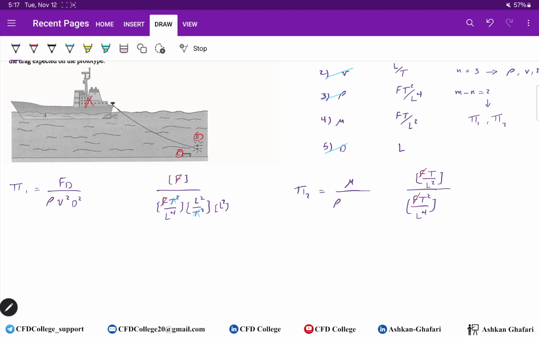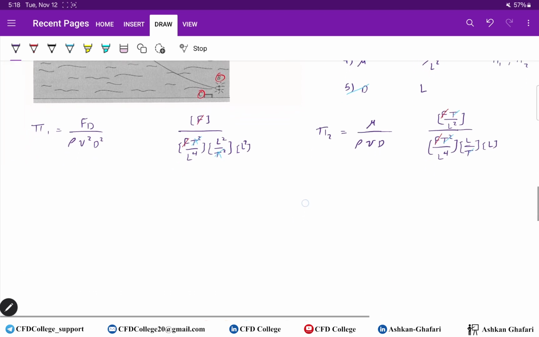To deal with T, I need velocity here. Now T and T square. And I need length here. So rho v times d. So we have pi 1 and pi 2.